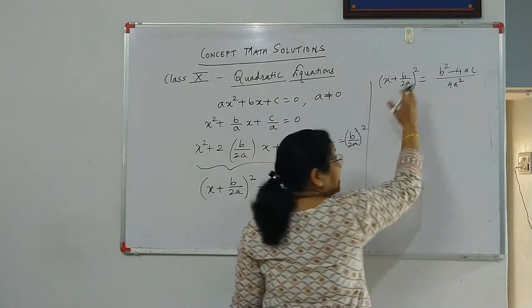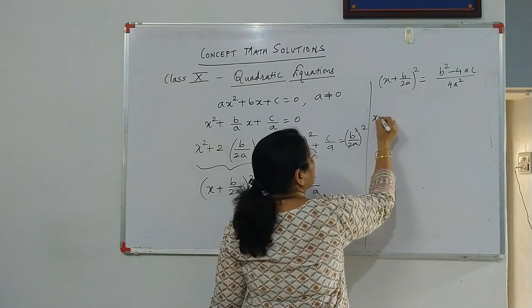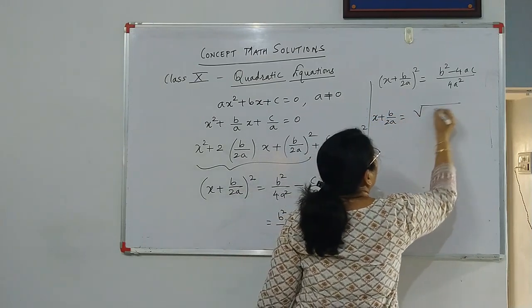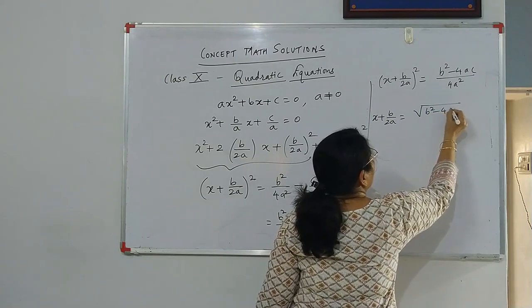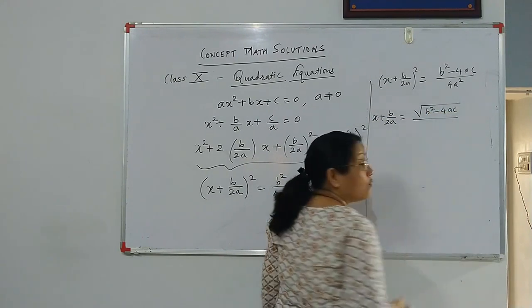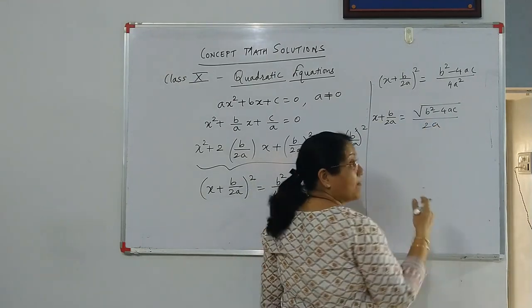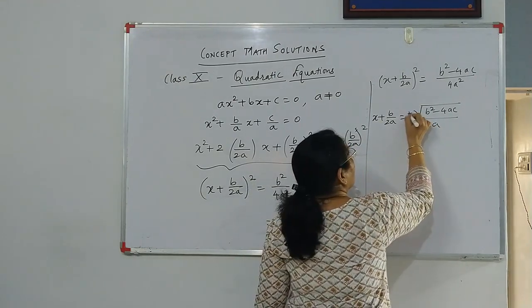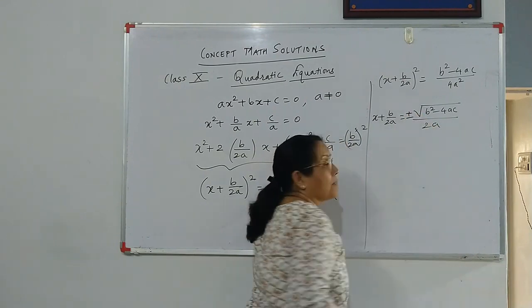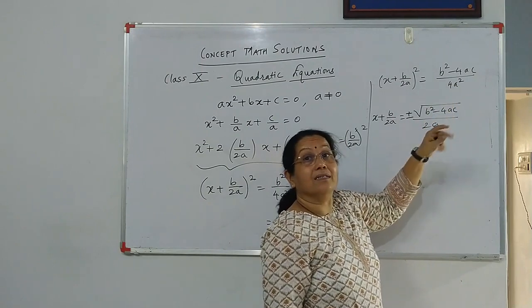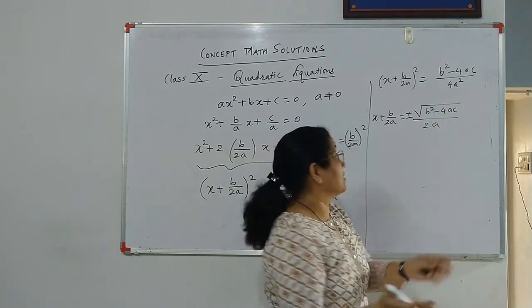That means x plus b by 2a would be the root of b square minus 4ac upon 4a square. Now the root of 4a square can be 2a or it can be minus 2a. So I put plus minus here, because the root of 4a square is plus 2a or minus 2a.